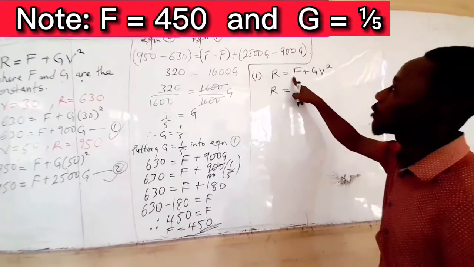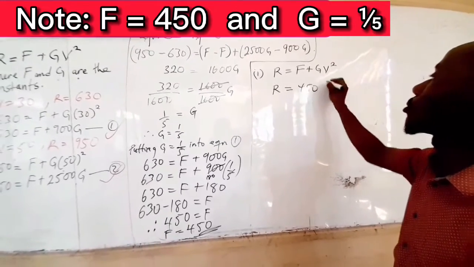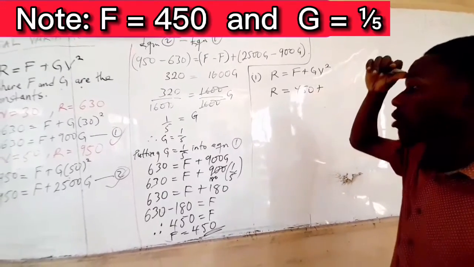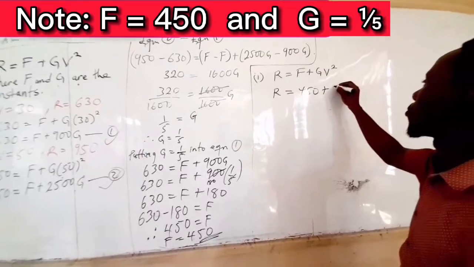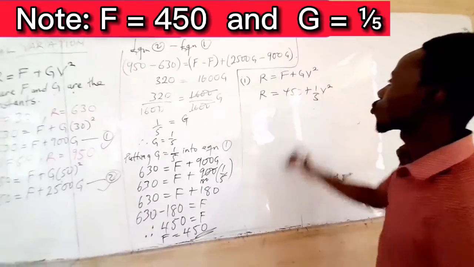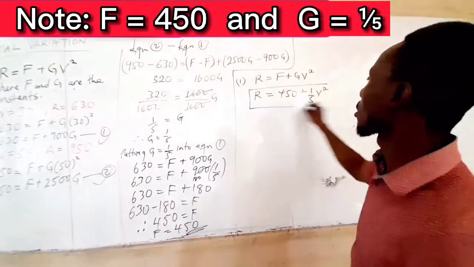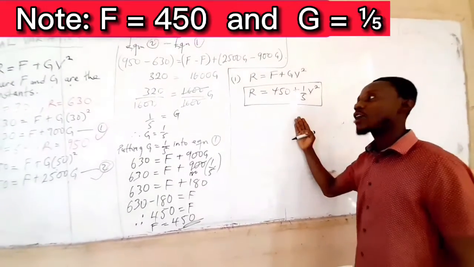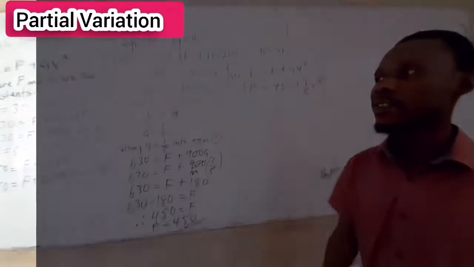What's the value for F? We got 450. The constant G, what did we get? We got 1 out of 5. Then V squared. So this is the expression for that part of the question. Let's move on to the next part.